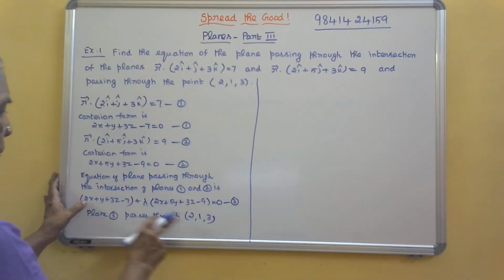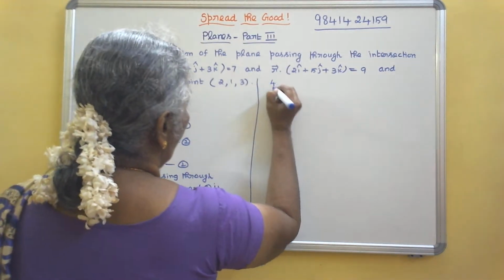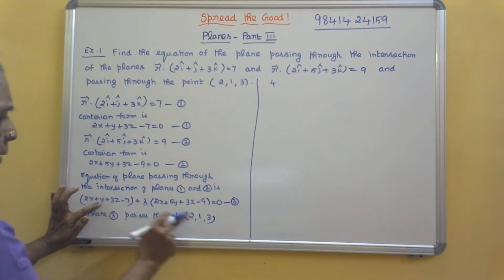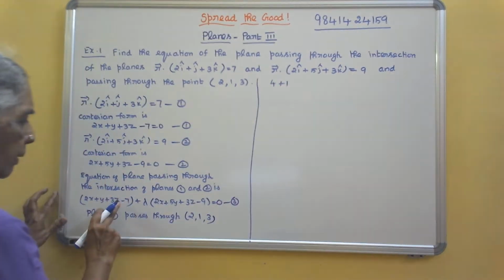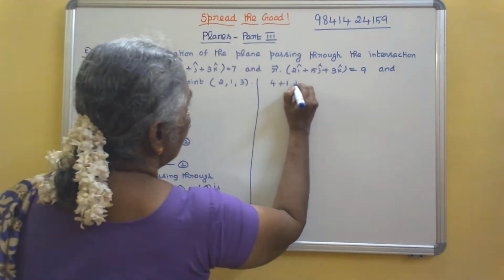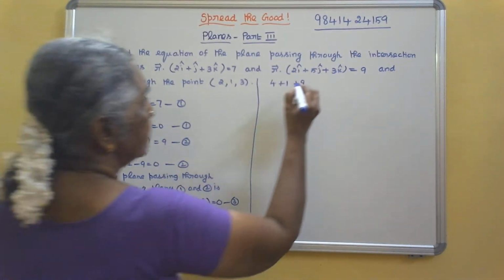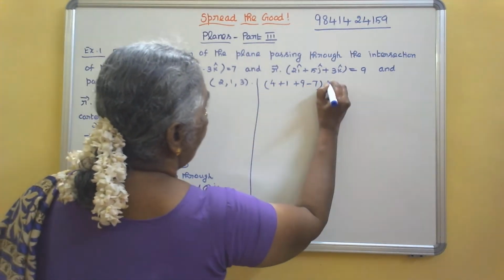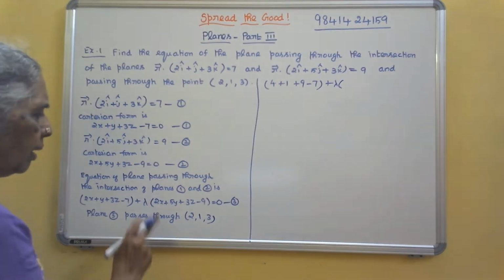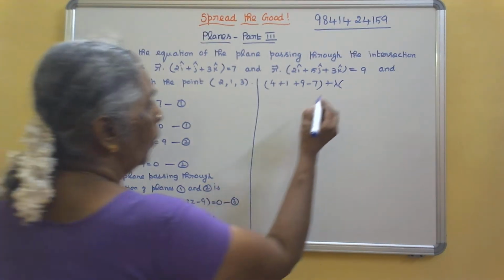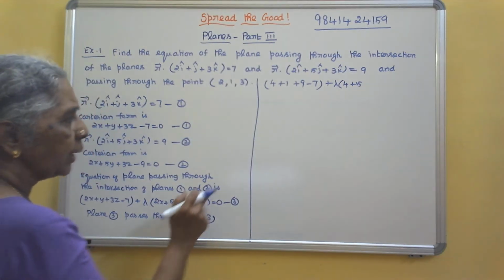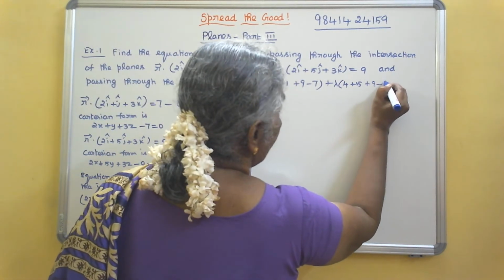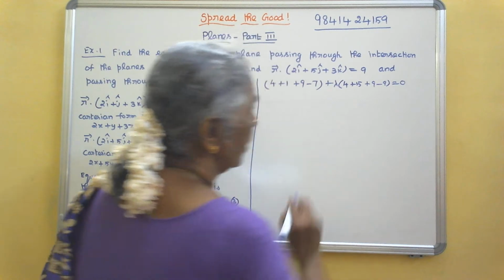So what will we get now? 2 twos are 4. Then here that is 1, so you will get 1. Then 3 into 3, that will be 9. Then there is a minus 7 plus lambda times (2 into 2, you will get 4; 5 into 1, you will get 5; 3 into 3, that is 9) minus 9, that is equal to 0, right?